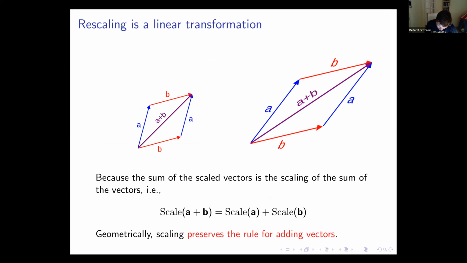So we need to write down the matrix which would send a vector A to lambda A, vector B to lambda B, for every vector A and B. And so what kind of matrix would do that?